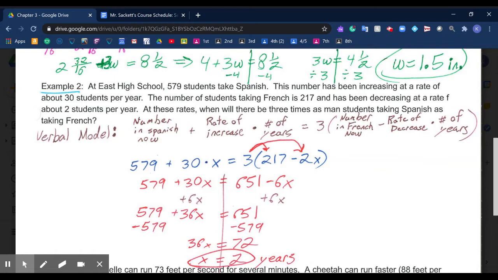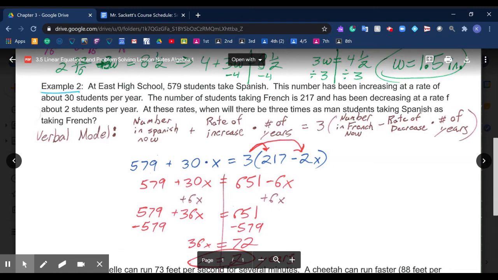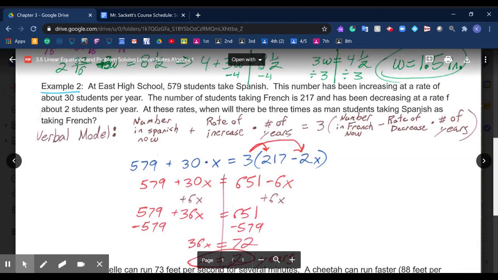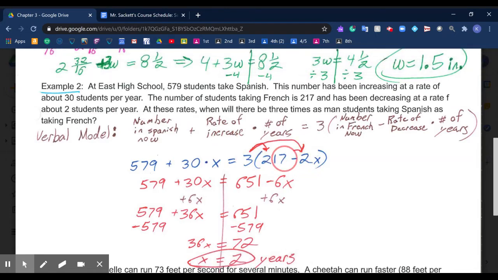We're setting that equal to the 3 times, and then the 217 in parentheses, number in French now, minus the 2, the rate of decrease, times the number of years x. So I used x for my variable for number of years. So then the parentheses are around the number in French now minus the rate of decrease, because it will be 3 times the result based on that change over time.